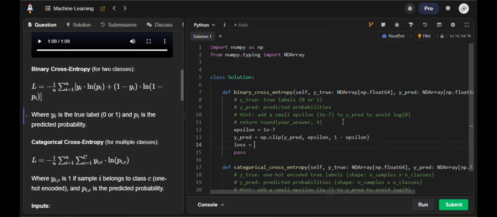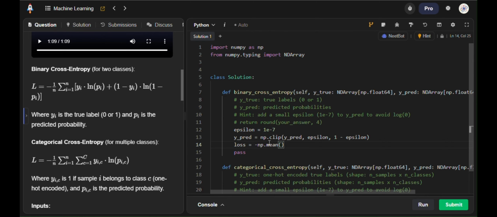For calculating the loss, we will be using this formula, which is minus np.mean. Now why mean? As you can see, this formula looks like a mean because you are summing up the values like this and then dividing by the total samples in your array. So this is like calculating mean.